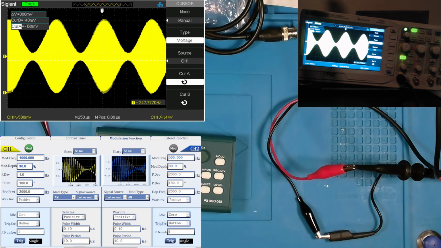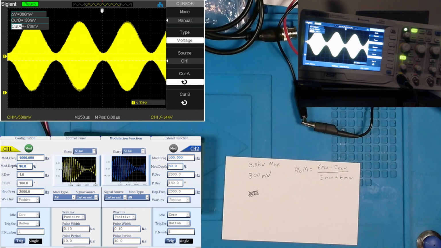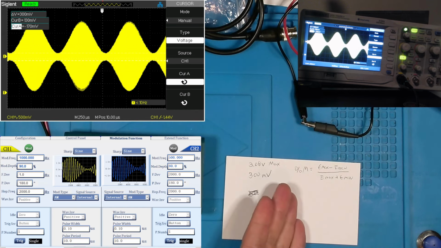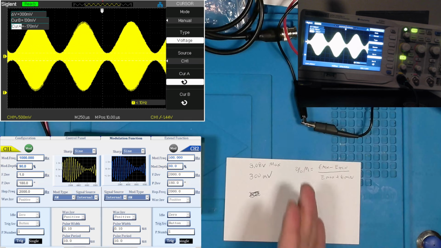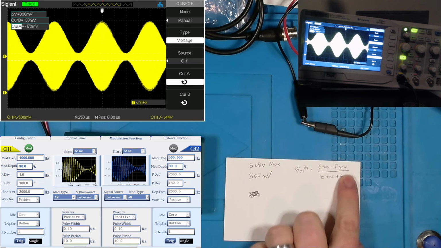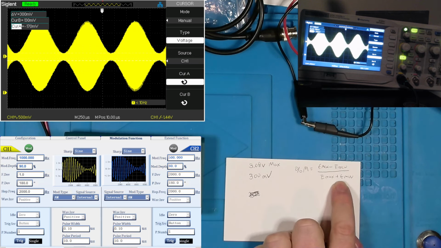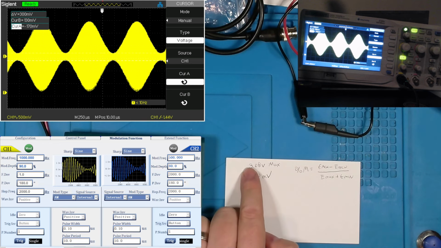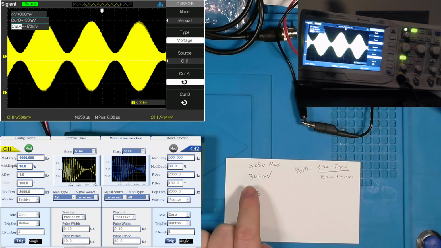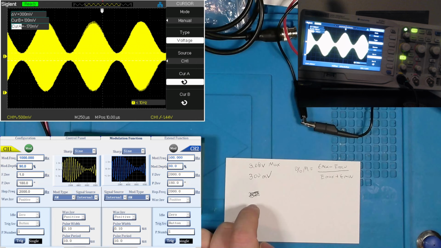Okay, there is a formula that we can use to determine AM modulation depth. Well, the formula for that is as such. Percent mod equals E max minus E min over E max plus E min. So our max was 3.08 volts and our min was 300 millivolts.